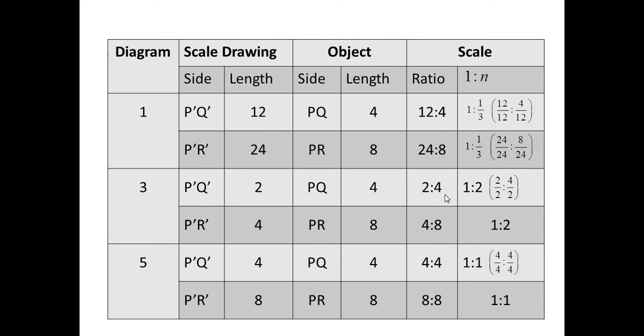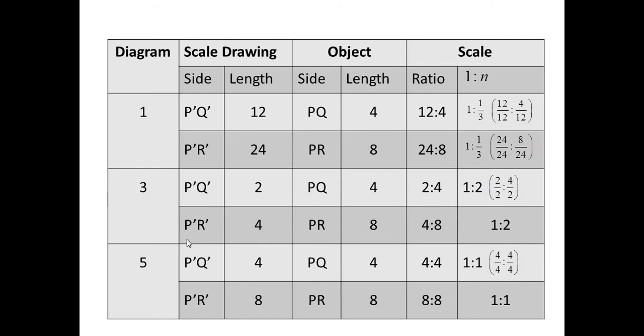So we convert it into 1:n. Meaning 2 divided by 2 gives 1, and 4 divided by 2 gives 2. Apply the same thing for the next side. We also have the same answer for the scale.